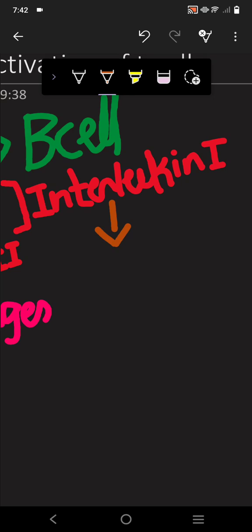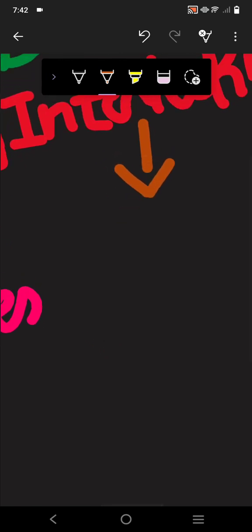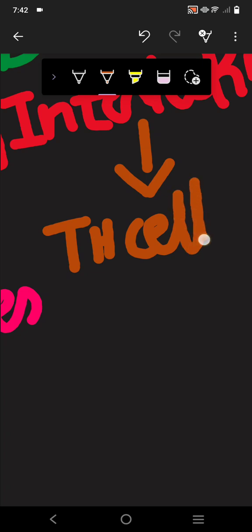So what's the purpose of it? It will stimulate the T helper cells.